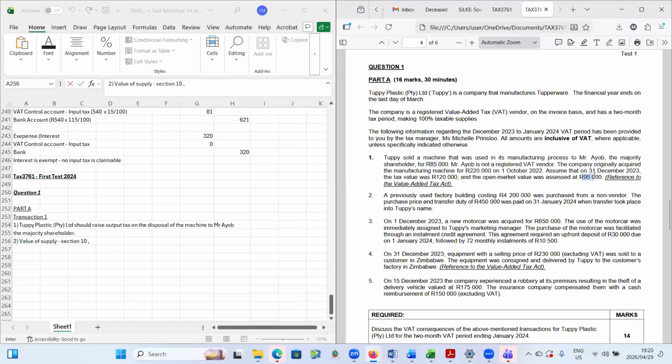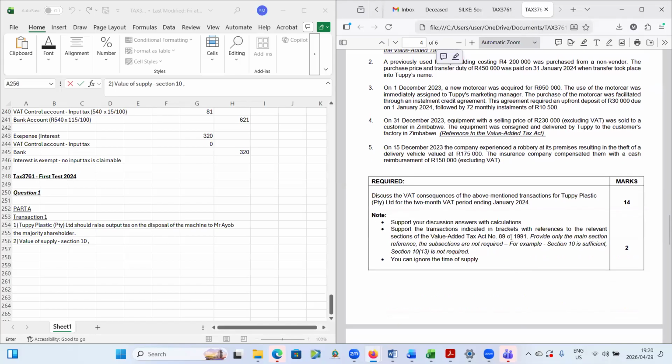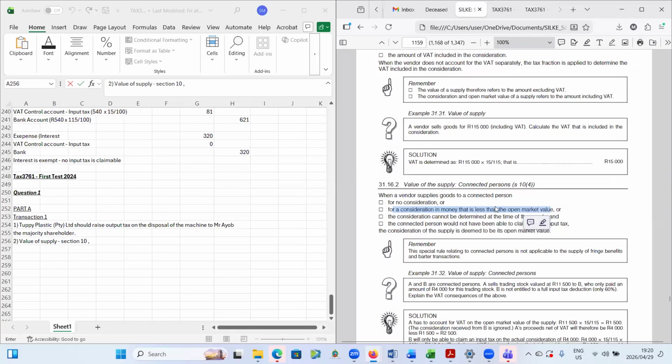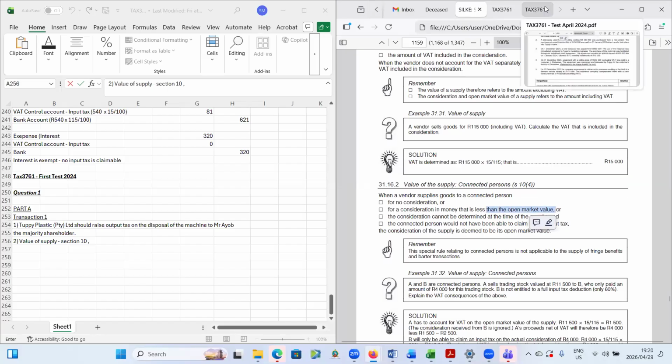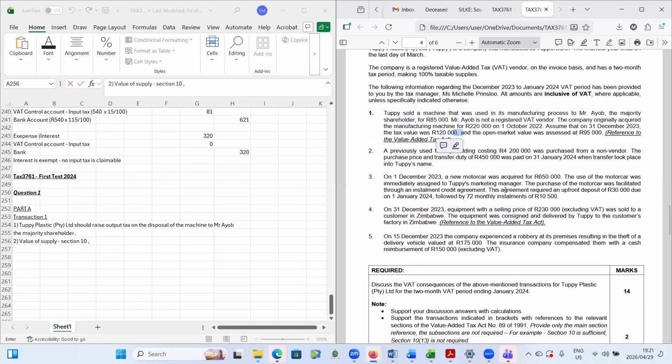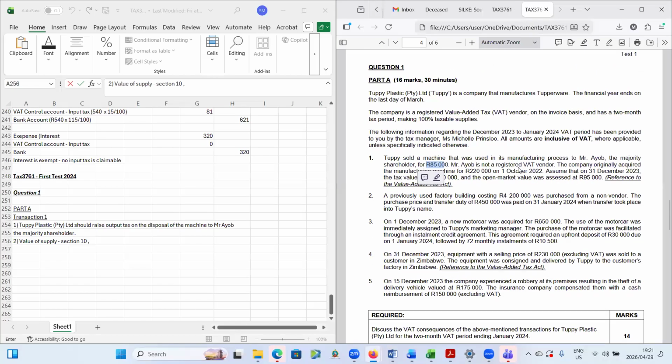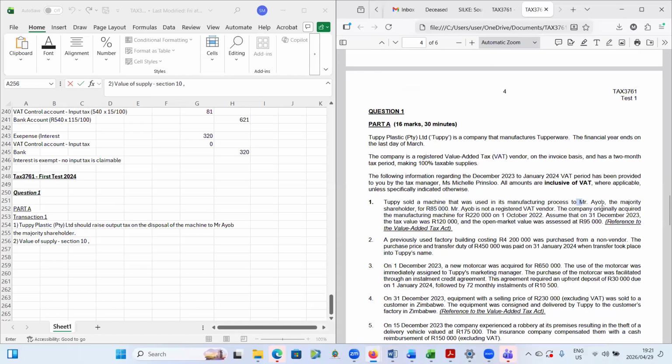Here is the market value, and here is the tax value. So all the three are potential values of supply. The question says just quote the main section. Under section 10, it talks about the value of supply for a consideration which is less than the open market value. It was sold for 85,000 rand, and Mr. Ayob is a connected person.